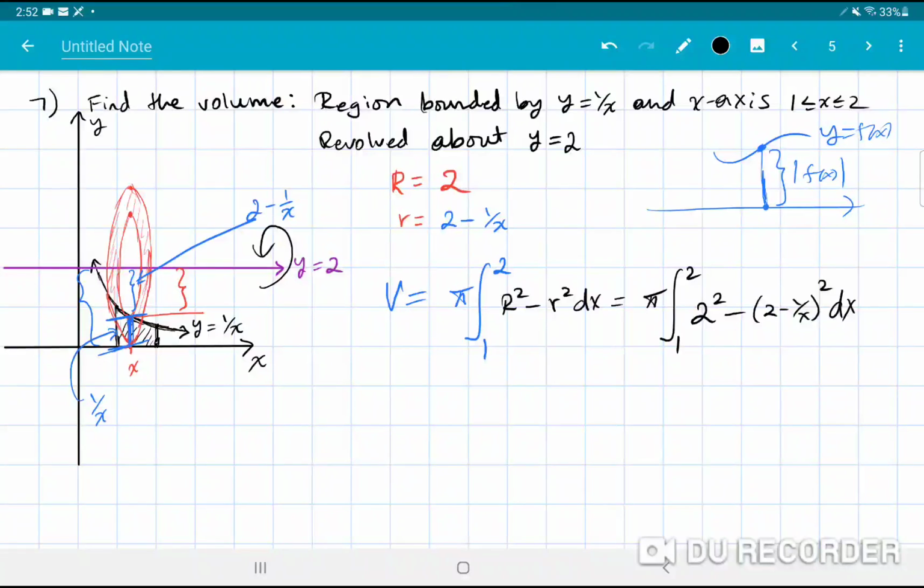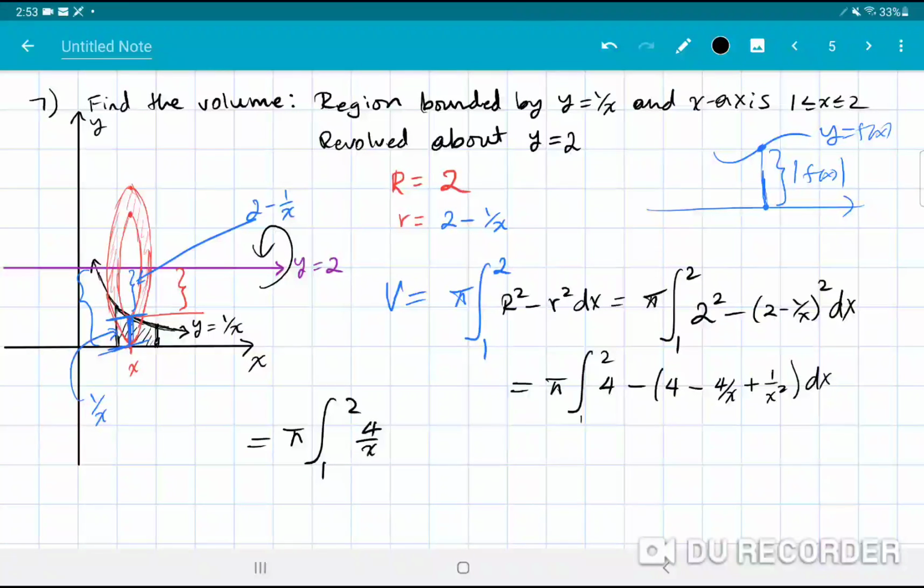Okay, see if I can FOIL this. Pi from 1 to 2, 4 minus 4 minus 4 over x plus 1 over x squared is how that FOILs out. So that gives you the pi, the integral from 1 to 2 of, distribute the minus and the 4's cancel out, you get 4 over x minus 1 over x squared dx.